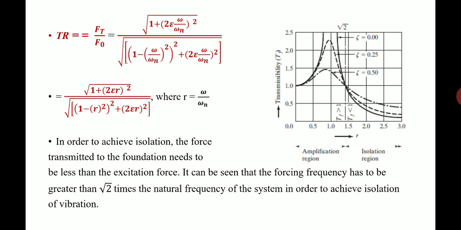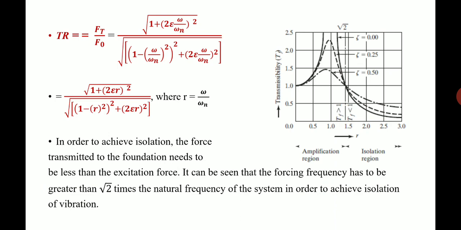The y-axis shows transmissibility and the x-axis shows the frequency ratio omega by omega n, which is represented as r. As you can see, to the left of the value root 2 for r, and to the right of that, the graph is showing two different variants.